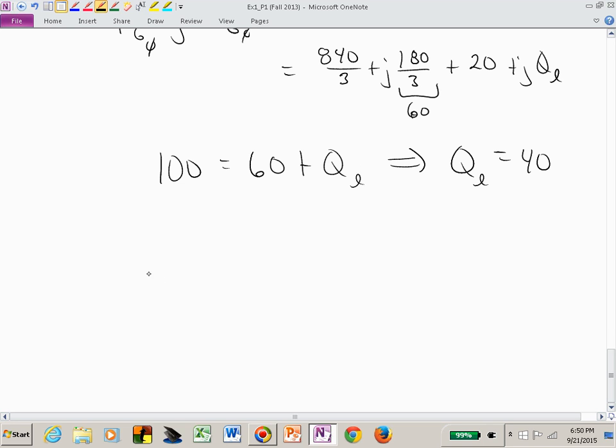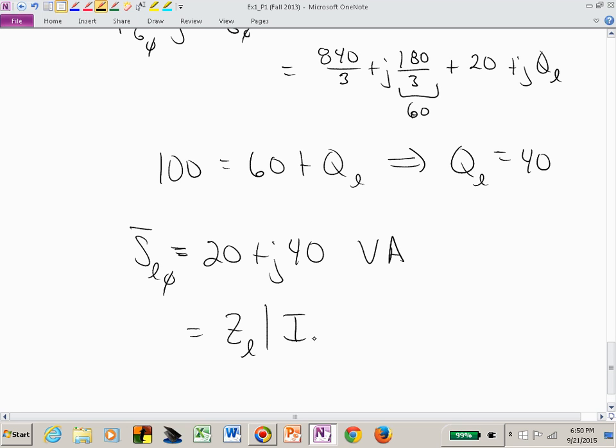So that now we know in the transmission line, we have S of the line per phase is now 20 plus J 40 volt amperes. And we know that that's Z sub L times I sub line quantity squared, by VI star.